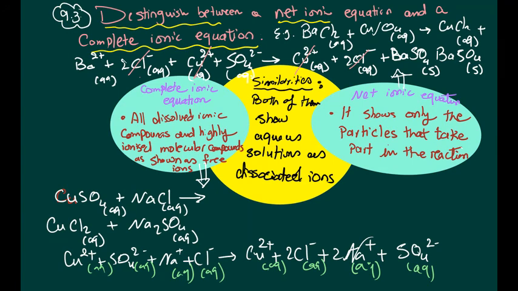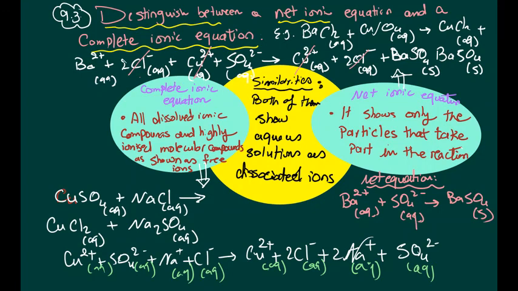So the net ionic equation will be Ba2+ aqueous plus SO4 2- aqueous giving BaSO4 solid.